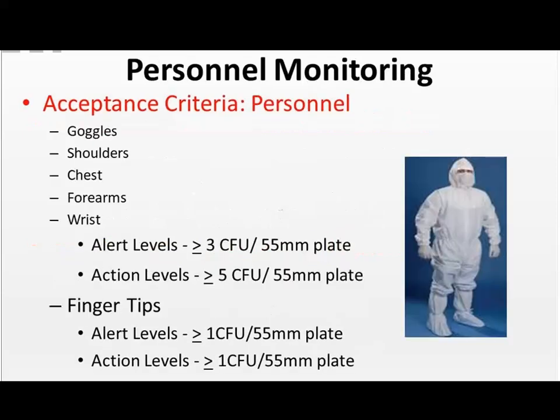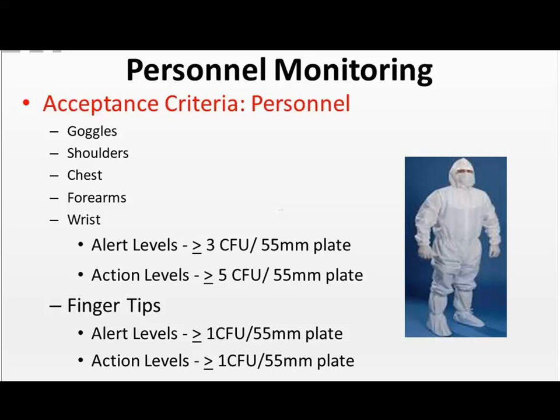For personnel monitoring, we have acceptance criteria as well. When we're monitoring our personnel, we're looking at areas such as the goggles. We're monitoring shoulders, chest, forearms, and wrists. In this picture, of course, this person is gowned to go into either an aseptic area, if they have the goggles on, or a non-aseptic, non-sterile area.